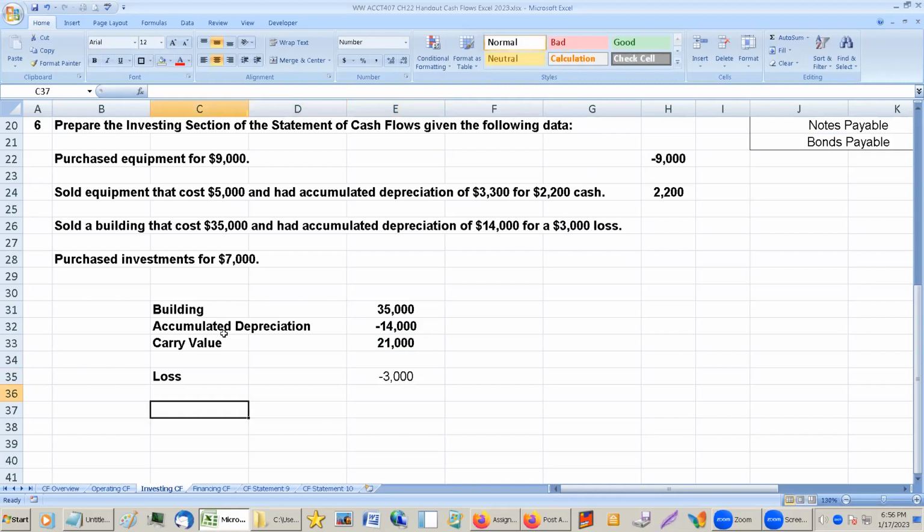So we must have cash of $18,000. So this would have been positive 18,000.